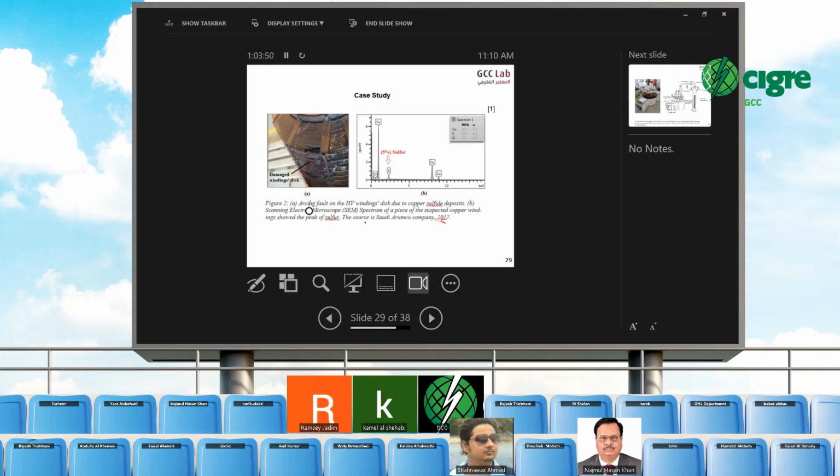We found 5% sulfur. This was an indication that it was due to sulfur corrosion, sulfur deposit on the transformer.